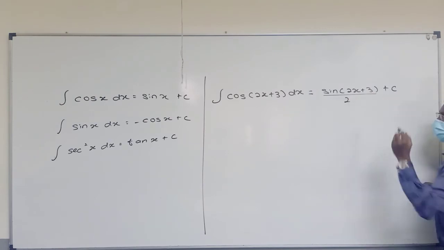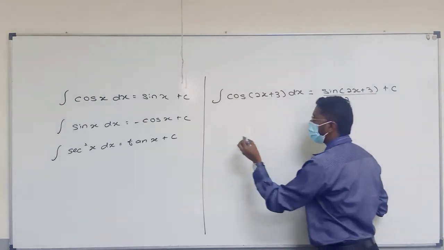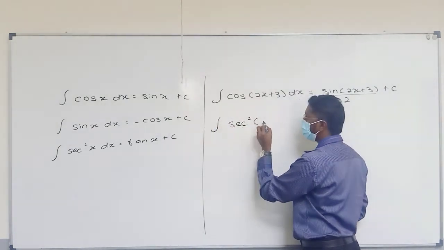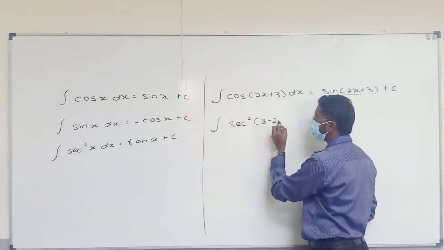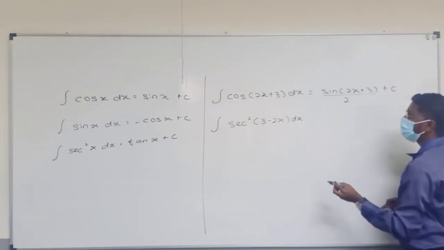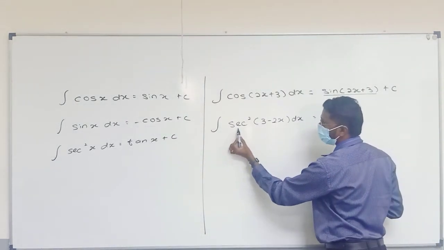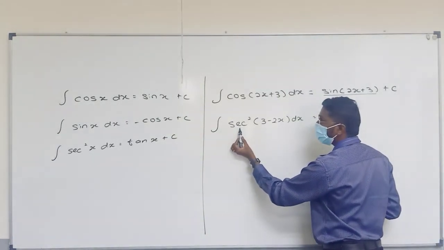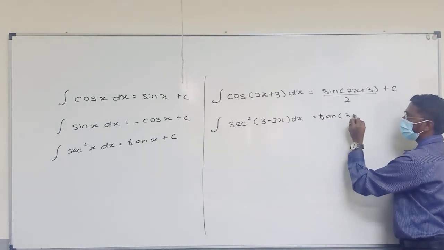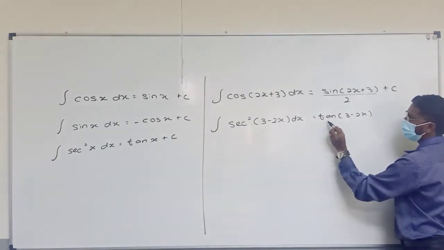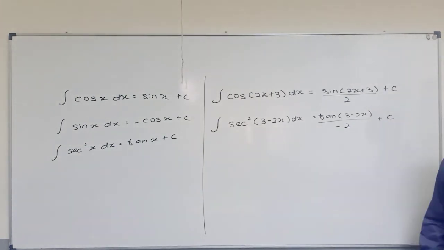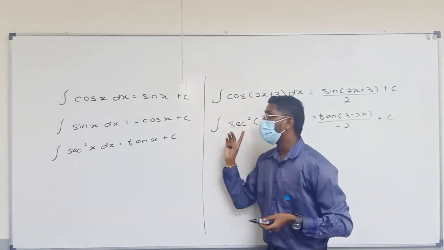Let's look at another example. The integral of secant squared (3 minus 2x) dx. We integrate the function first, secant squared gives tangent, so tangent (3 minus 2x) divided by negative 2 plus c. So this will be the integral of trigonometric functions.